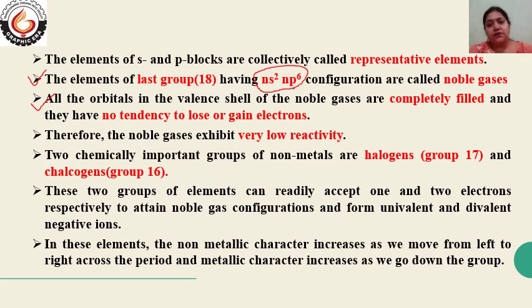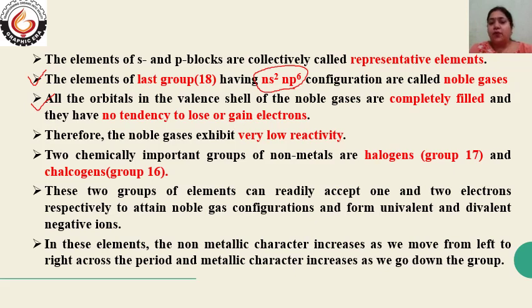The s orbital is filled and the p orbital is also filled. So obviously it is very difficult to remove an electron. As we already know, the removal of an electron from a half filled or fully filled orbital is the most difficult task. So as the removal of an electron is very difficult, that's why they have very low reactivity.